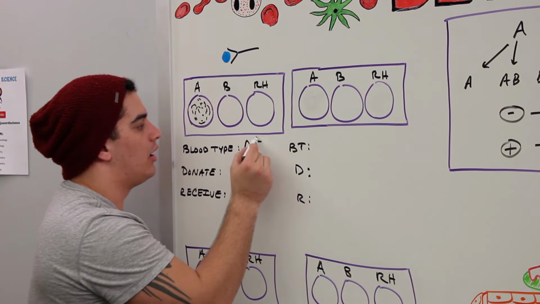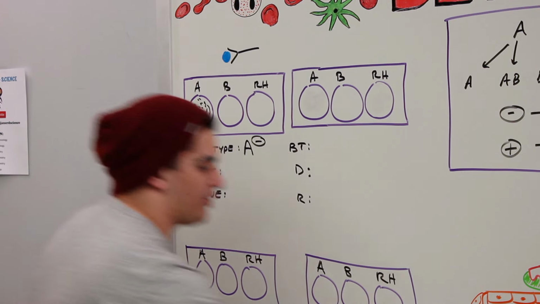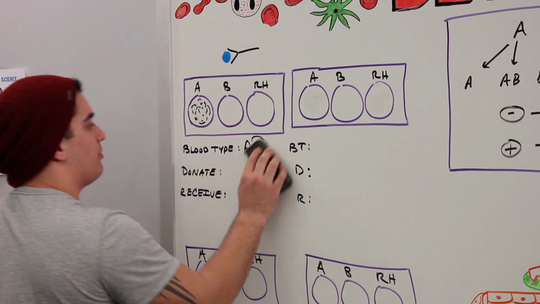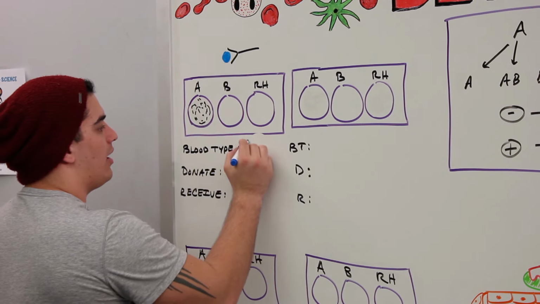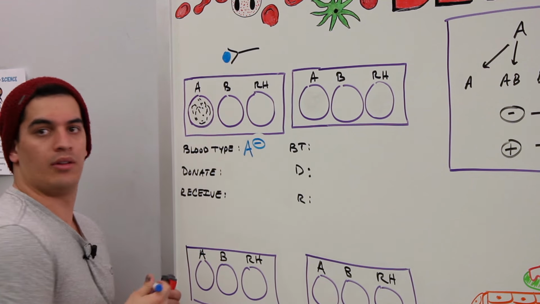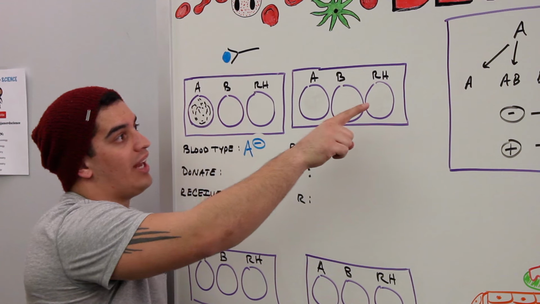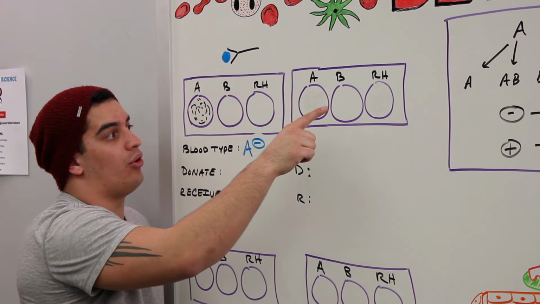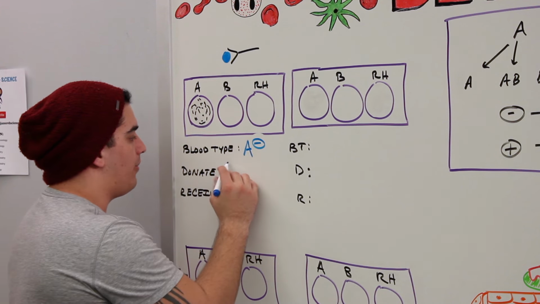I'm A negative. Let's put a nicer color here so we can make it stand out. Let's put blue here. So this is A negative. Now, donating. We already said, who can A donate to? A can donate to A and AB. So we already have that down.